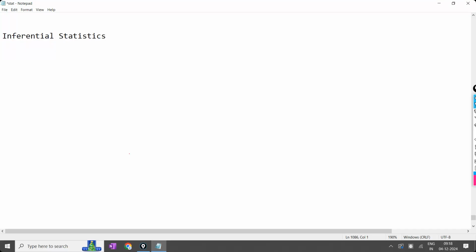We are going to conclude something based on the evidence and the given sample. For example, our null hypothesis says that the person is innocent, and the alternate hypothesis is that the person is criminal. These are the two options.